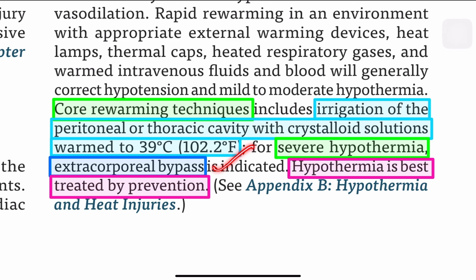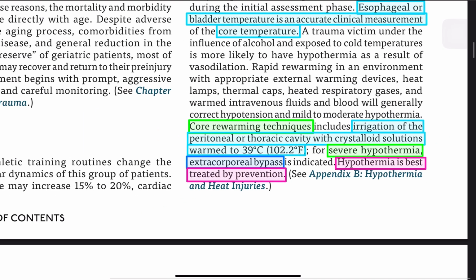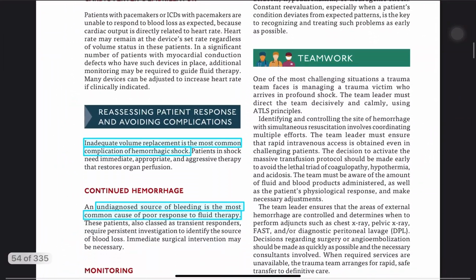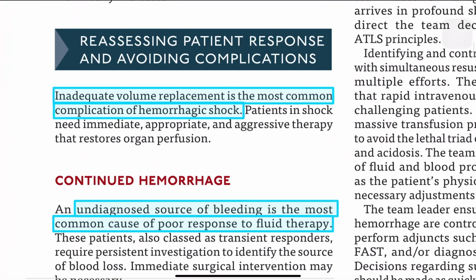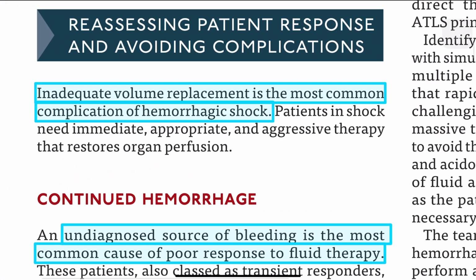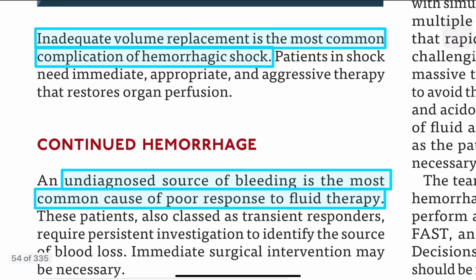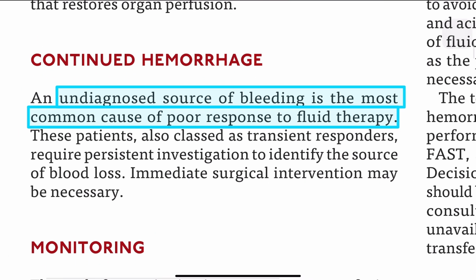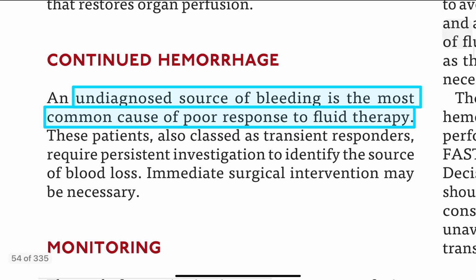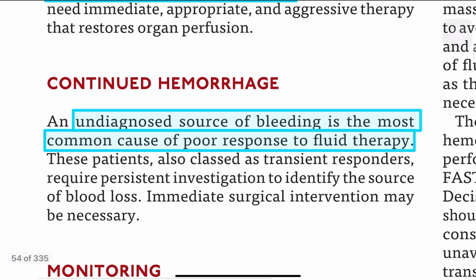Hypothermia is best treated by prevention. Inadequate volume replacement is the most common complication of hemorrhagic shock. An undiagnosed source of bleeding is the most common cause of poor response to fluid therapy.